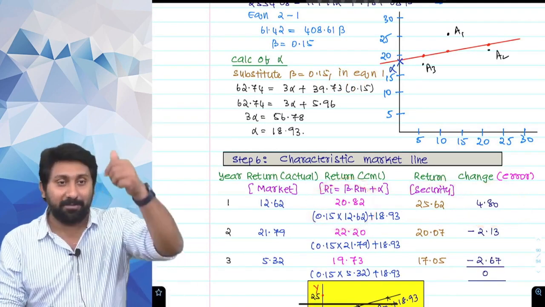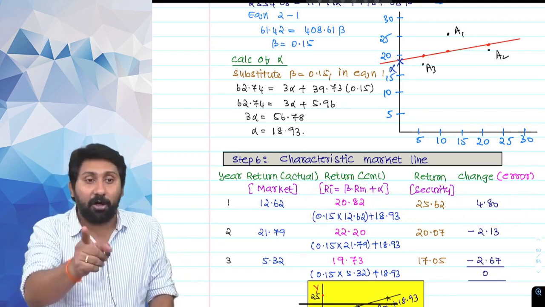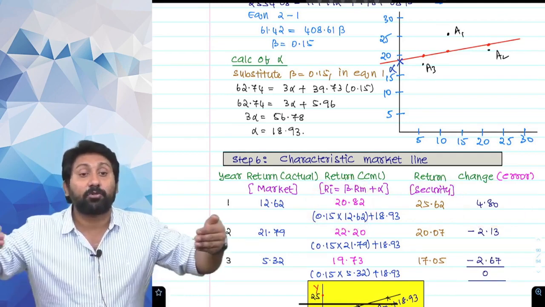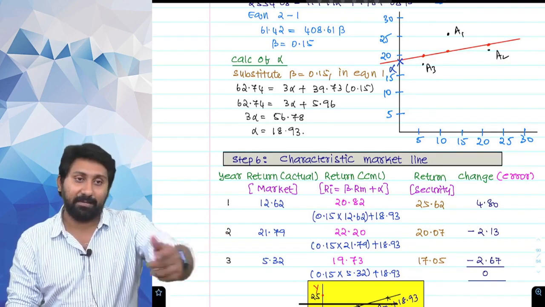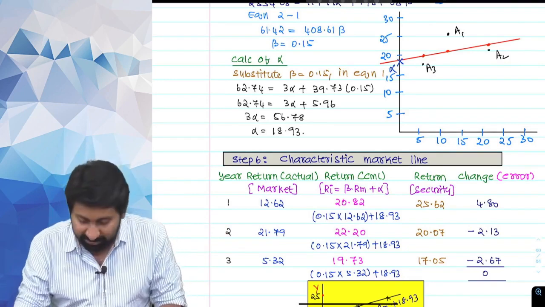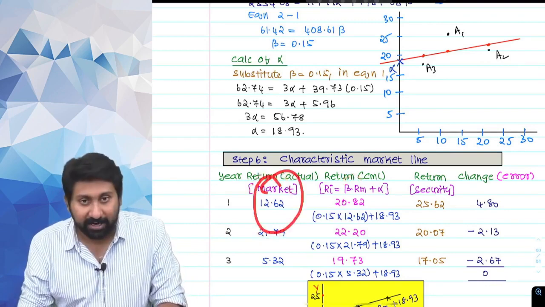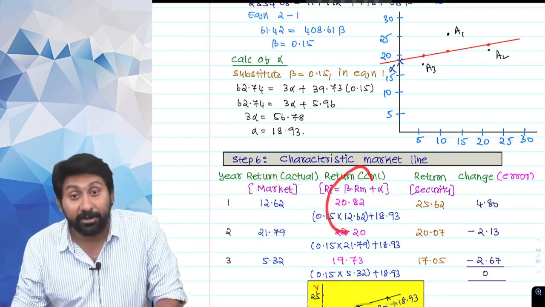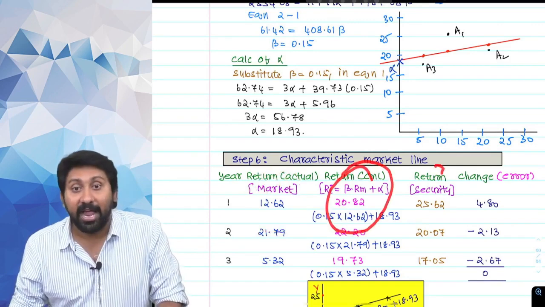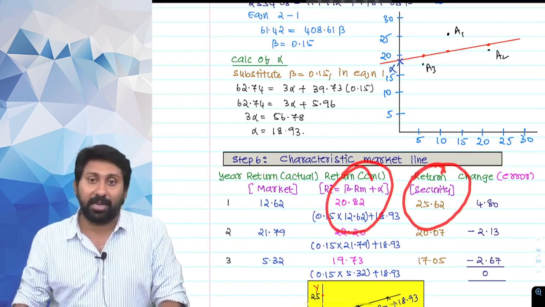Therefore, those are not forming a straight line. A straight line will be formed if you correlate the relation of two variables. Here, there are three variables. What are the three variables? Market. First one is the market return. Second is the security return because of the market, and the security return because of the total.